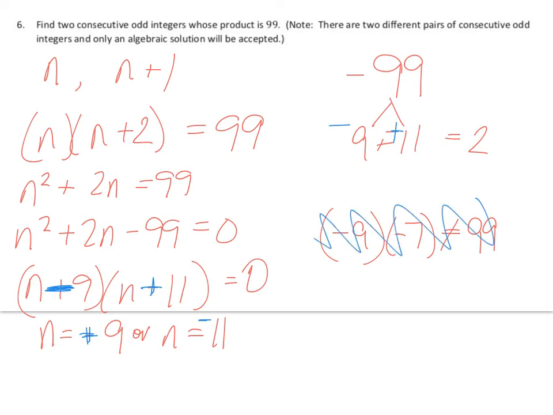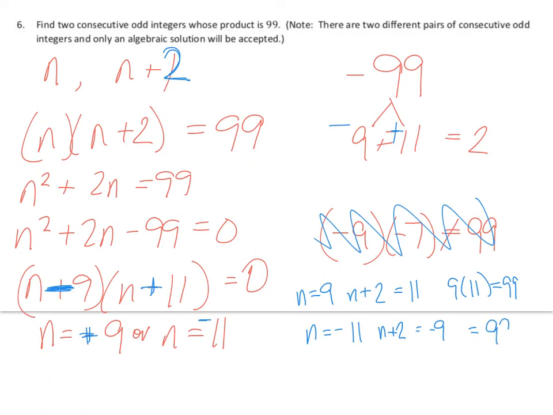So if n equals 9, n plus 2 equals 11. 9 times 11 is in fact 99. But if n equals negative 11, n plus 2 equals negative 9, which also gives a product of 99. They both work. Isn't that exciting? Both of the numbers work. Cool.